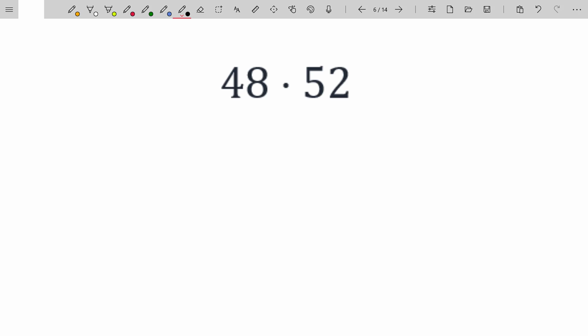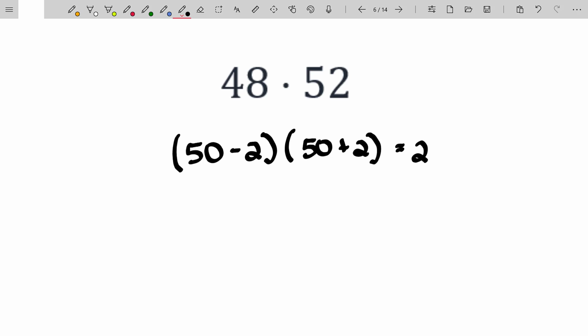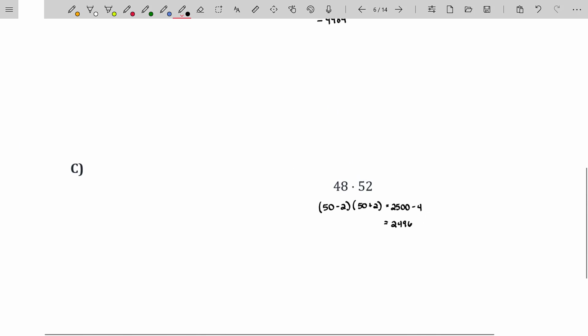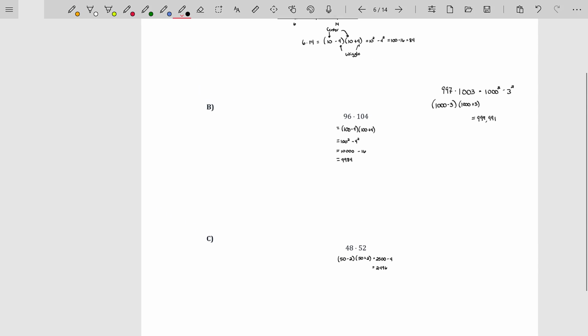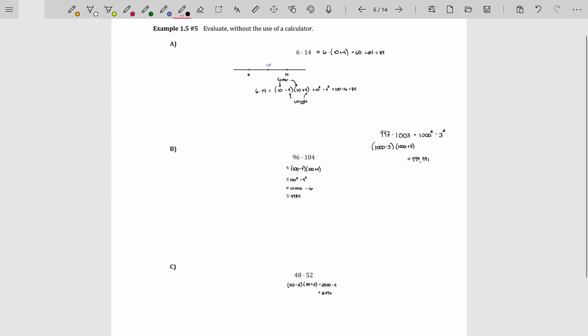But in this case right here, 48 times 52 is still doable. That's like 50 wiggled by 2, right? 48 down and 52 up, which is 2,500, because that's 50 squared, minus 4, or in other words, 2,496. A great use of a difference of squares formula.